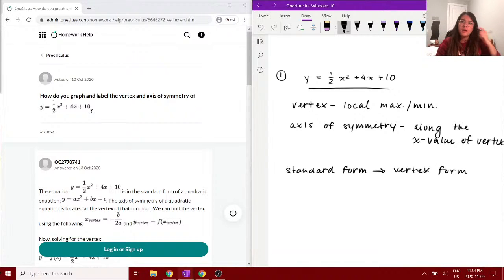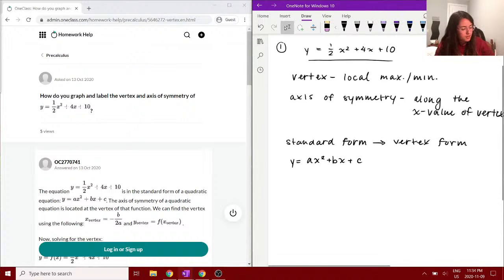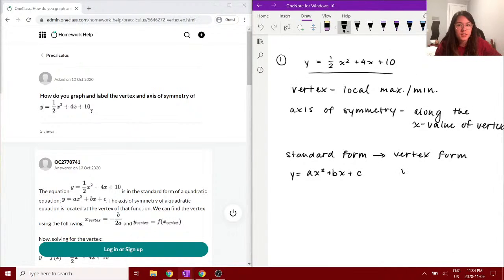And how we're going to do that, I'm just going to write down an example of what the standard form is, and the vertex form is first. So the standard form looks like this, and the vertex form looks like this, h squared plus k.